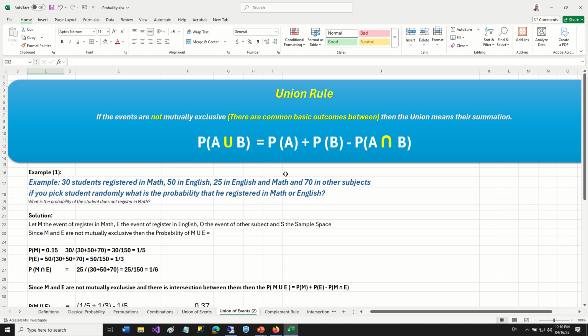Okay, look at the union rule now. If the events are not mutually exclusive, if there are common basic outcomes between events, it means that they are not mutually exclusive. Then their union will be their summation minus the intersection.